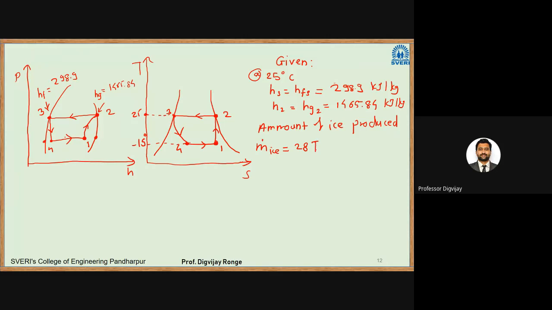Ton is a unit of mass, 1000 kg. So to calculate kg per second, I have to multiply 28 into 1000 and divide by the seconds in one day, which is 24 hours into 3600.